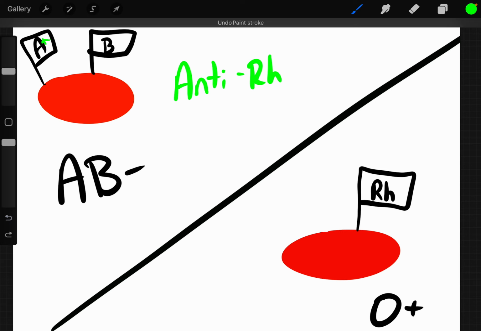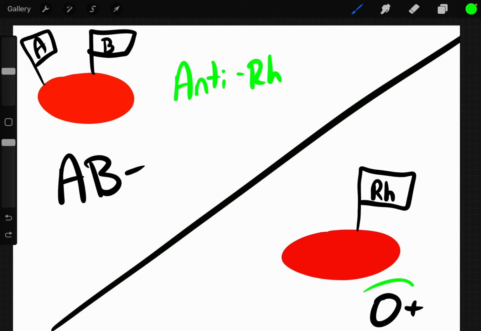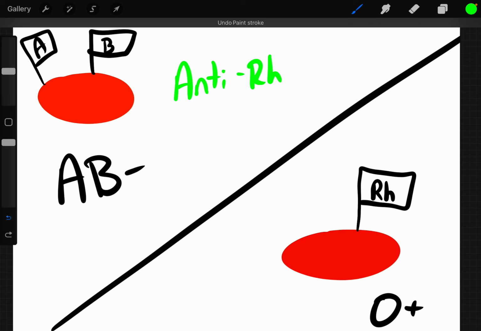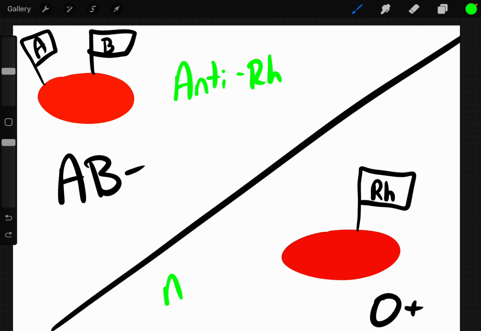On the other side, on O positive, down here at the bottom, we have anti-A and anti-B, because you have antibodies for the flags that are not present. On O positive blood, you have an RH flag. The other flags, A and B, are not there, so we list those as antibodies. So we do anti-A and anti-B.